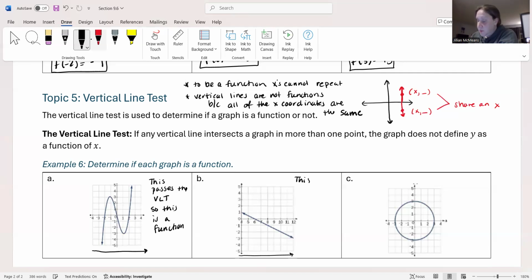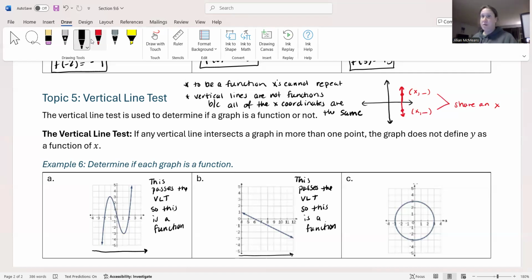So this passes the vertical line test, so this is a function. Now it only has to fail the vertical line test at one point. If at any point the vertical line touches your graph more than once, you don't have a function.